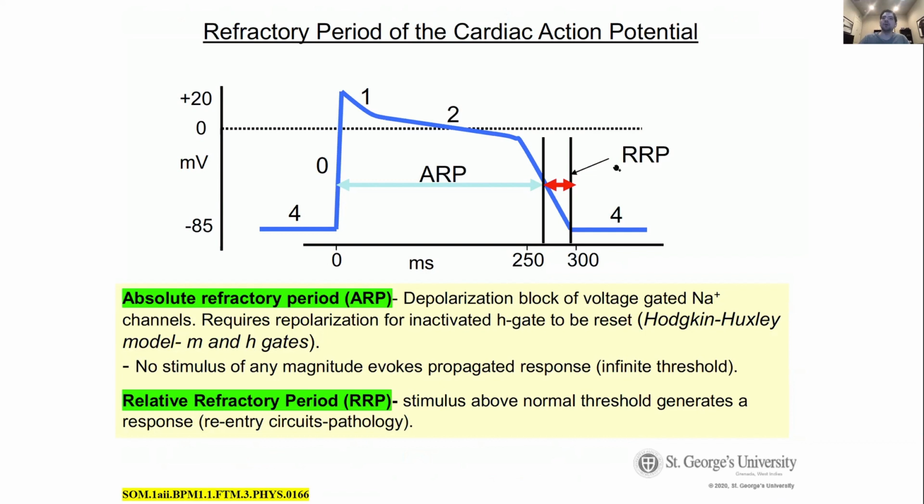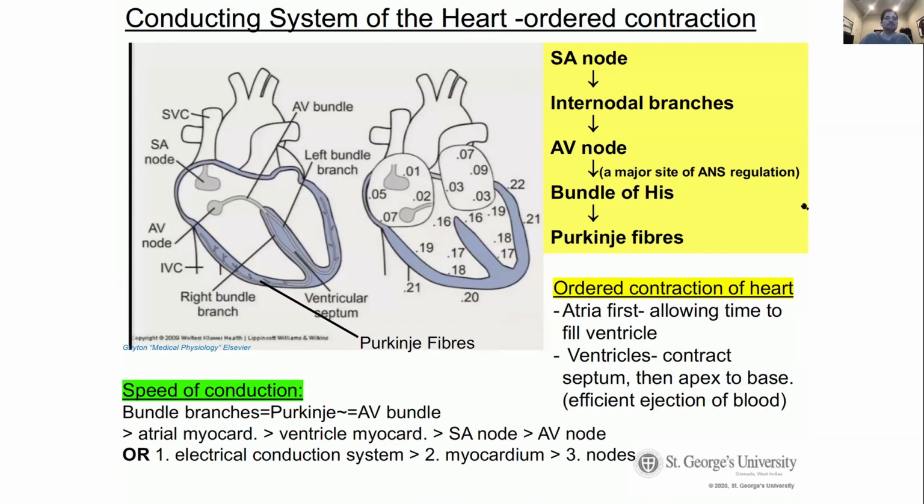And then the relative refractory phase just says that even though we're still trying to get down to equilibrium, you could actually have an action potential, but ideally you would want it to wait. One of the things I do remember from the test, well, first you need to know where the initial electrical activity starts, from the SA node down to the Purkinje fibers.